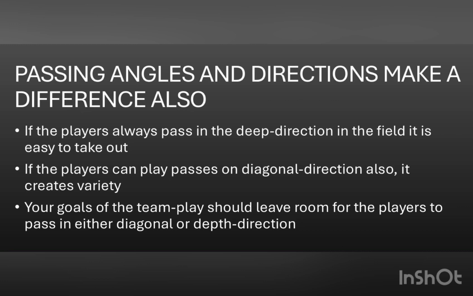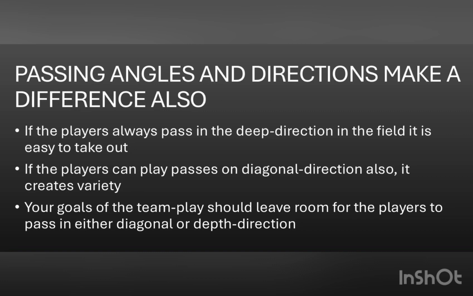Then about the different scenarios on how you can go to the offensive zone: of course the passing angles and directions make a huge difference in the quality of how you can progress into the offensive zone. If your players always tend to pass those vertically going passes in the deep direction, and your receivers are always taking the first touch from a vertical pass, that is also very easy for the defense to mark off.